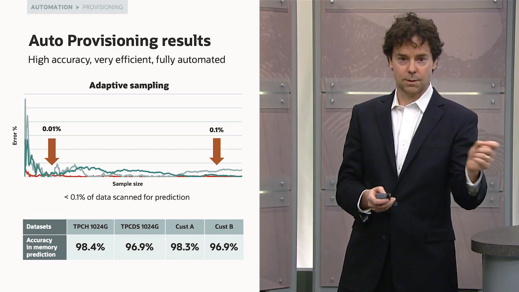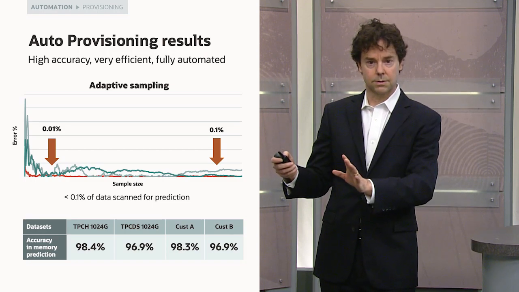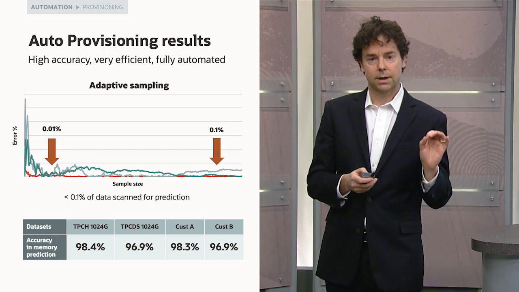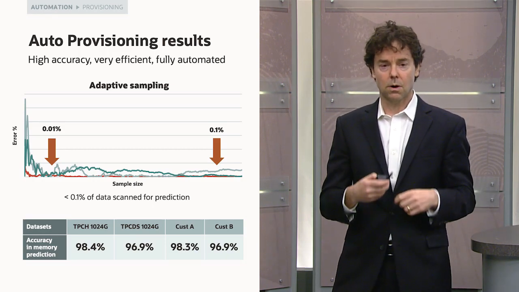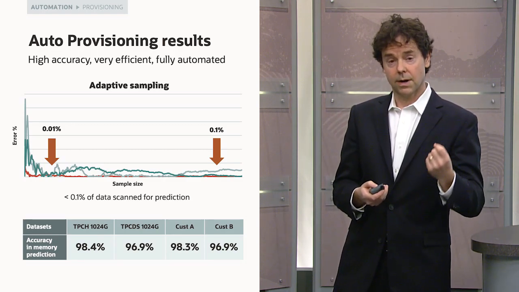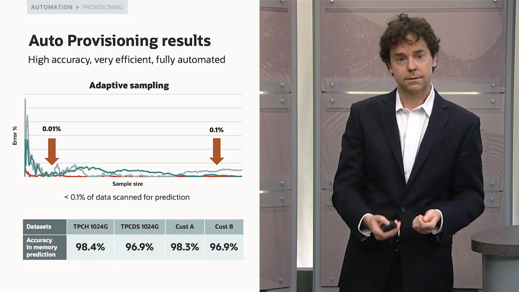So in the case of TPC-H, you see it's like 98%, 97%. In the case of those customer workloads, very similar, 98%, 97%. Because we can correctly predict how much memory you need, not only for your data, but also all the intermediate results of all of the queries you're executing, we can tell you with very high accuracy what is the best number of nodes to have in MySQL HeatWave.